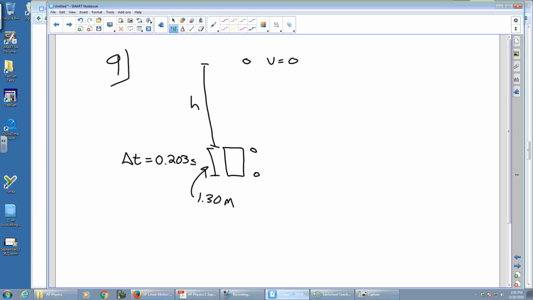And we also know that the stone is in free fall, so its acceleration downwards is 9.80 meters per second squared.